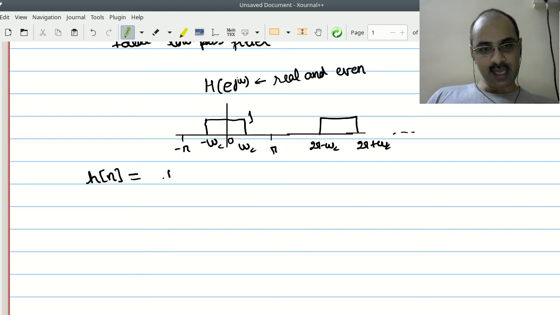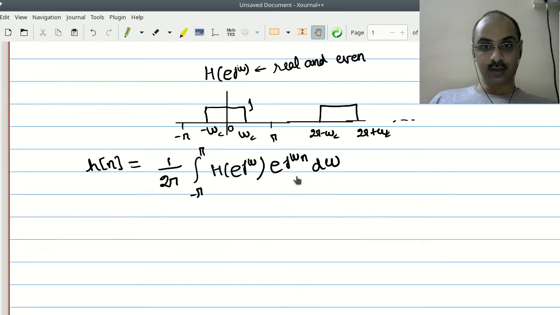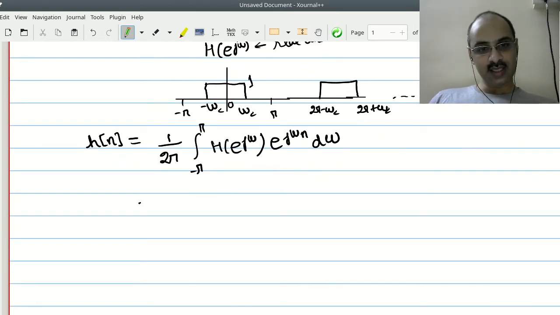We will just apply the formula for the inverse DTFT: h[n] is 1 upon 2 pi times the integral of H of e power j omega times e power j omega n d omega. We will apply this for all n carefully. You notice that this is 1 between minus omega c and omega c.